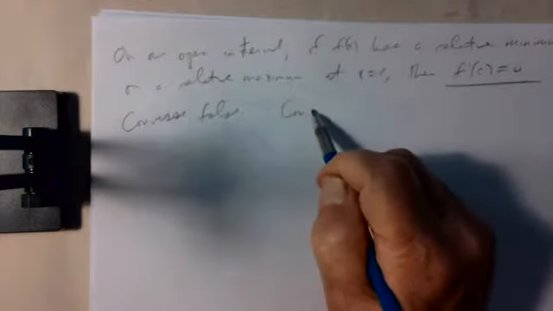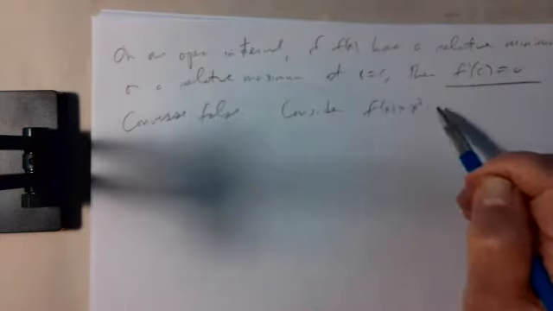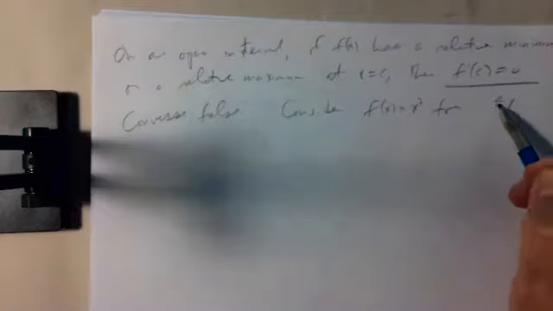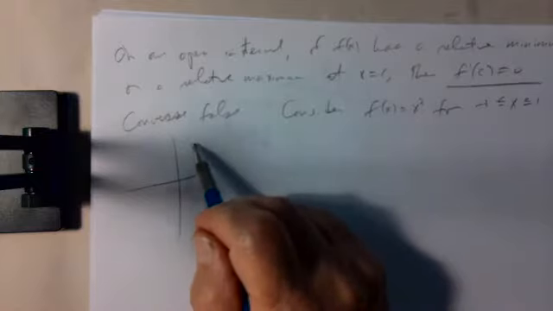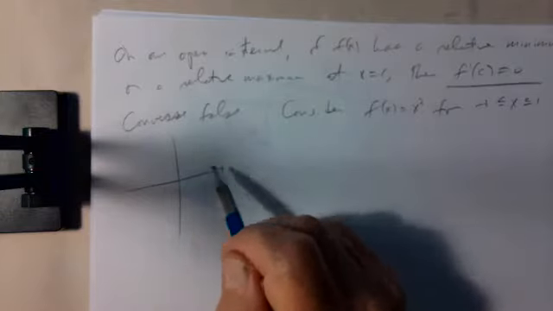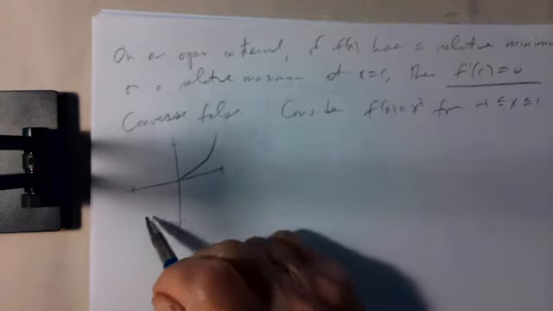So for example, consider the function f of x equals x cubed for x between -1 and +1. The graph of the function looks like this.